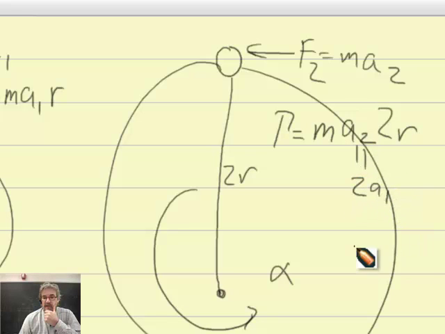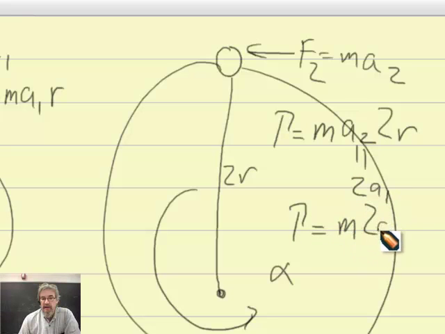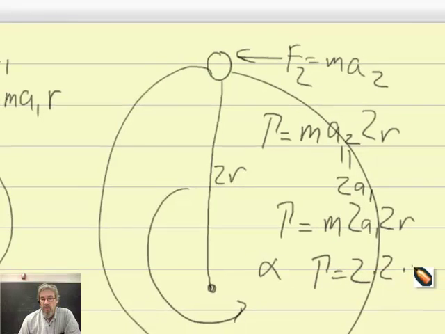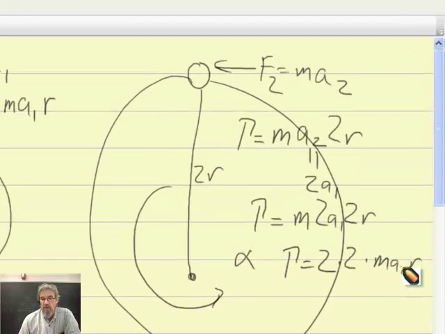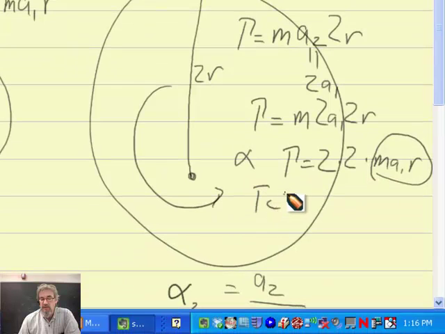So that means torque here is equal to M times 2A1 times 2R. Or torque is equal to 2 times 2 times M times A1 times R. Well, MA1R, that's torque 1. So torque 2 here is 4 times as big as torque 1.